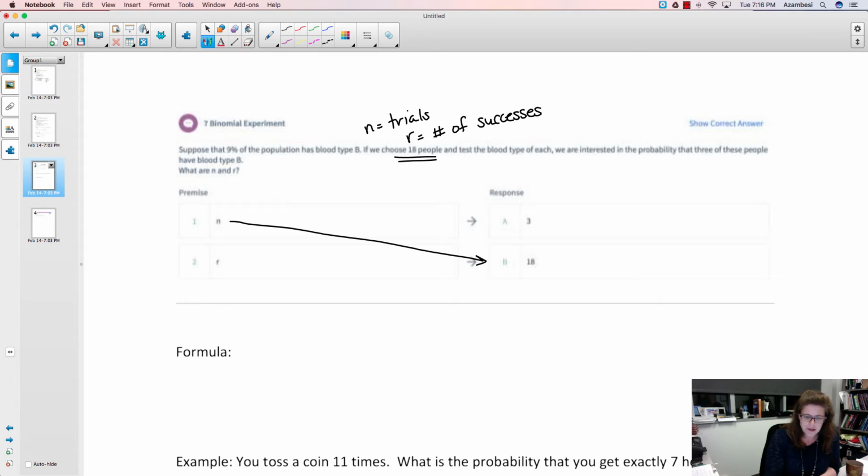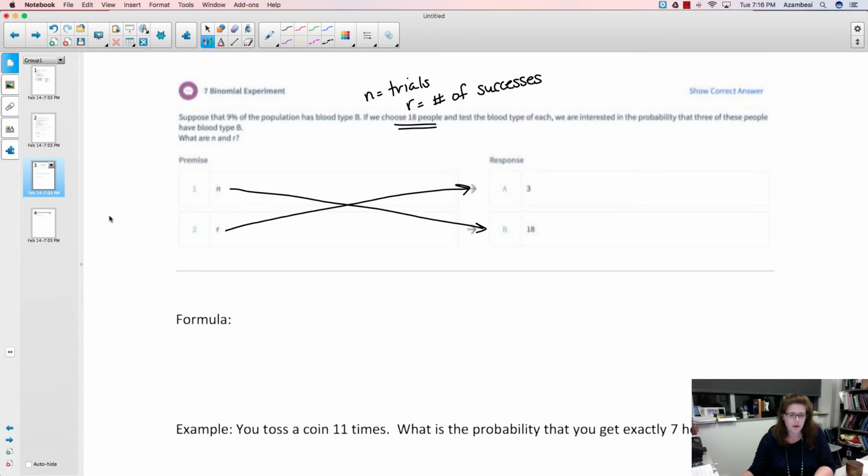R is the number of successes, and we're looking for the probability that 3 of them actually have blood type B. Now we're going to calculate this probability. When you're calculating a binomial probability, you have a formula on your formula sheet.